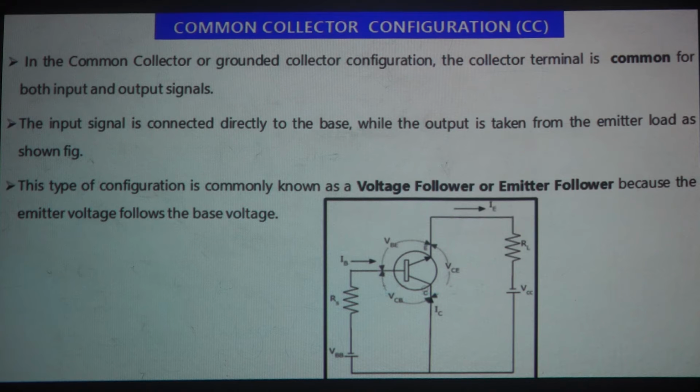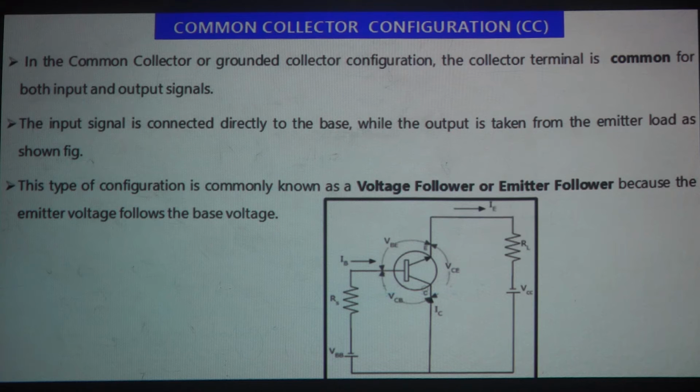The collector terminal is common for both input and output signals. The input signal is connected directly to the base, while the output is taken from the emitter load as shown in the figure.